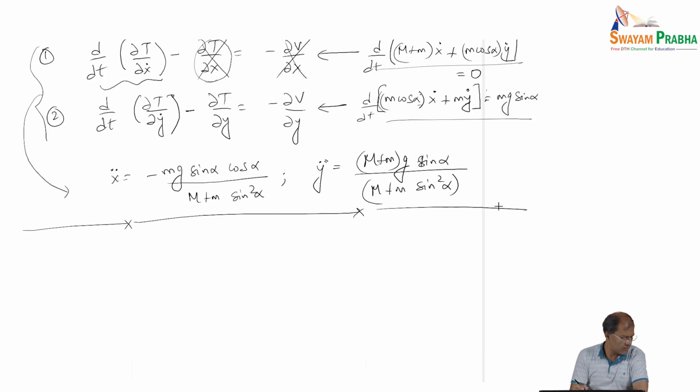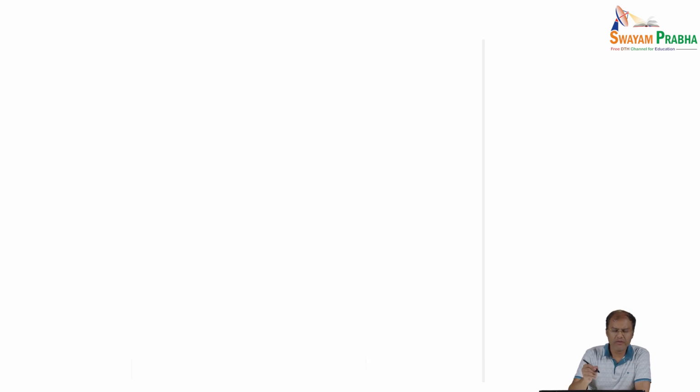Let us look at another example. I will go to the next page to show you the second example. The example that we have is the case of a rolling cylinder inside a hemisphere.